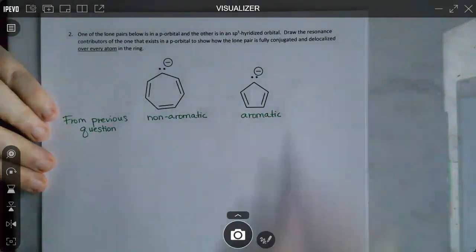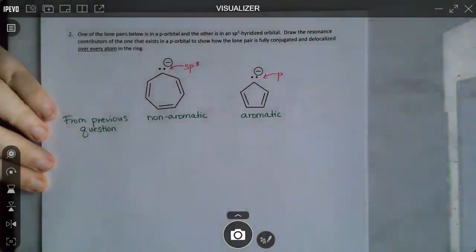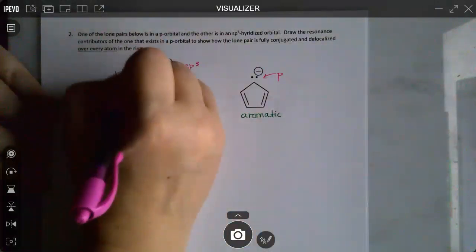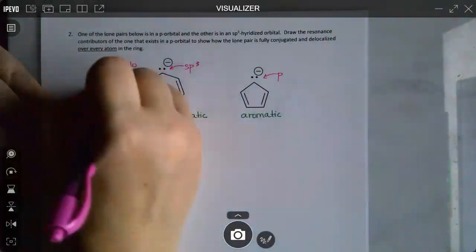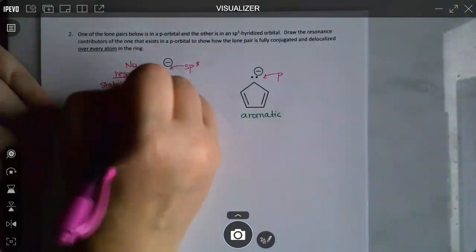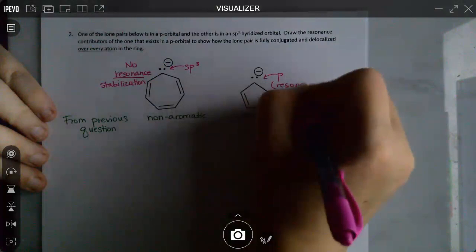So this lone pair is in a p orbital, and this lone pair is in an sp3 hybridized orbital. So this one, because it's not in a p orbital, there's no resonance stabilization, whereas this one is resonance stabilized.